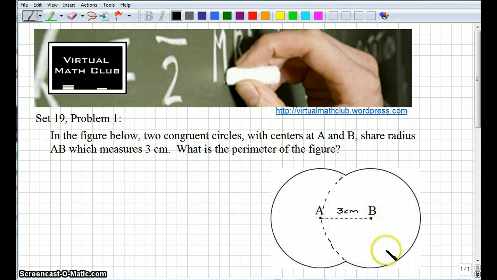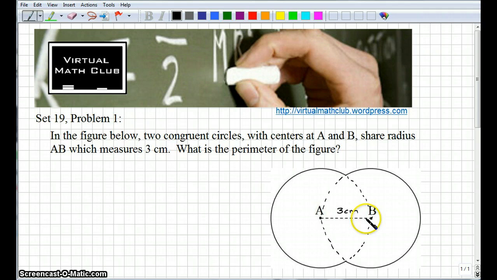You can see now there's circle B, and the edge of circle B passes through the center of circle A. Let's do the same thing for circle A. If I draw in a curve from the top here to B and then curve it around a little more, essentially completing circle A, then you can see here's circle A, and the edge of circle A intersects the center of circle B.